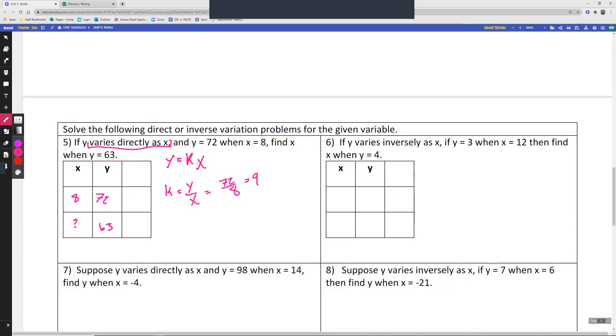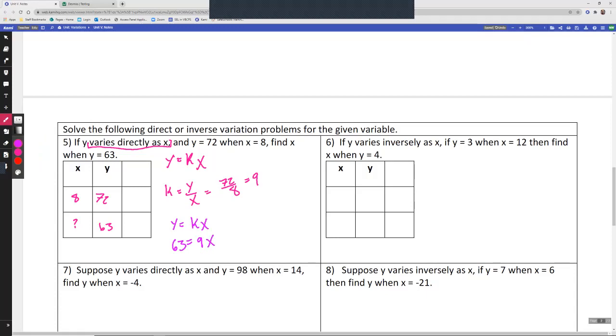See here, we're going to be using both of them, not just one or the other, to find our x when y is 63. So y is equal to kx. We have a y, which is 63, is equal to k, which is 9, times my x.